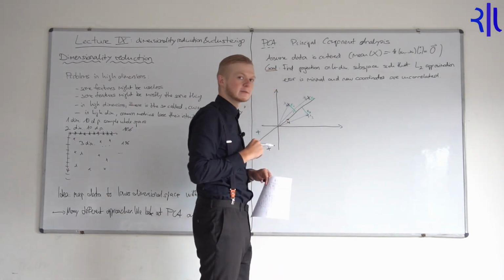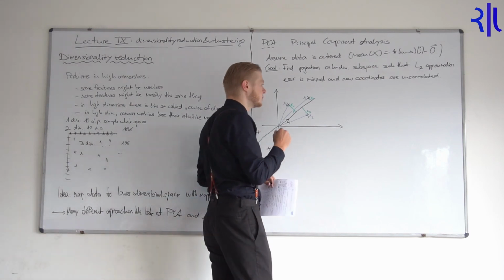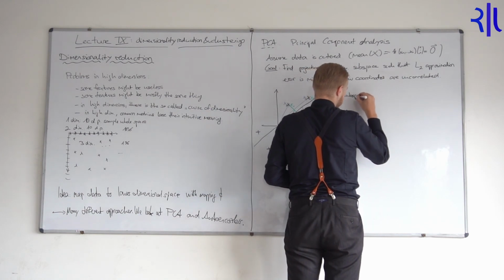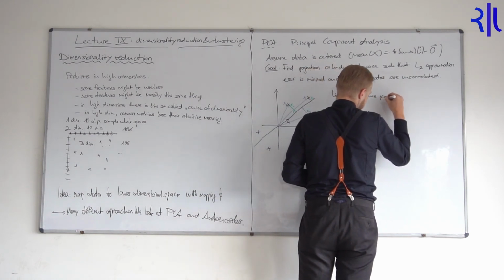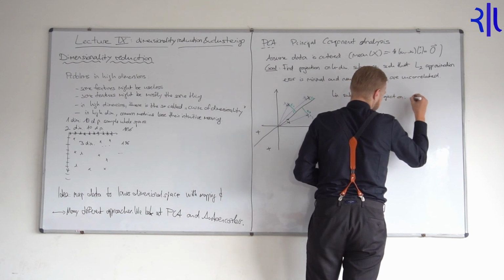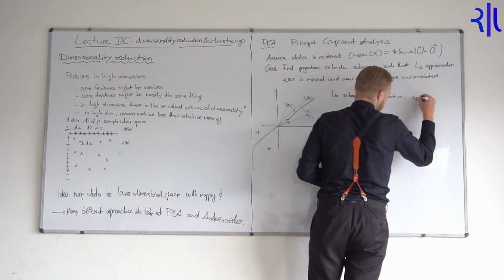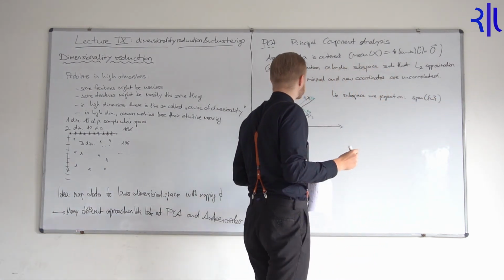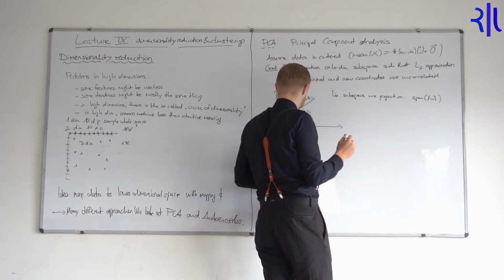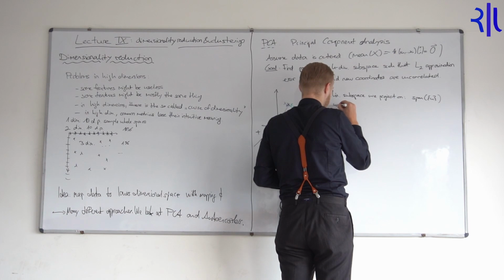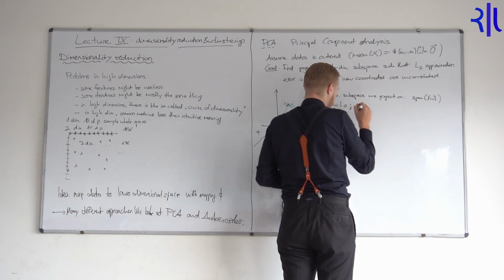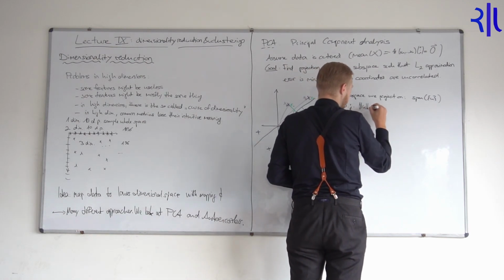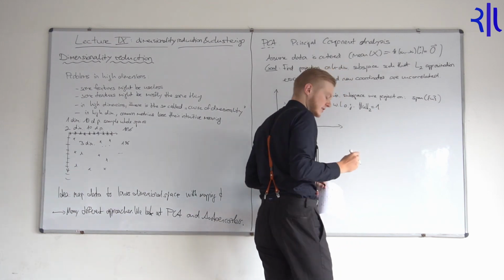And our linear subspace that we project on is the span of U. So without loss of generality, we can assume that the length of U is normalized to 1.